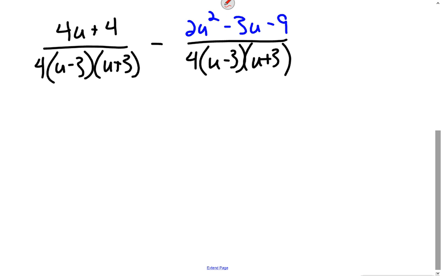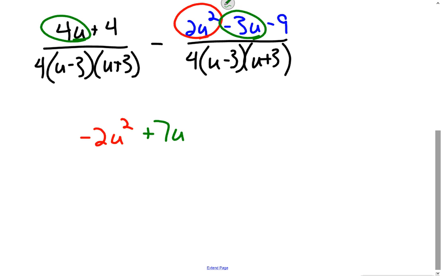So find my like terms. I'm going to put this in descending order, so I see that I have the 2u squared here, but remember we're subtracting, so in my answer I'm going to have a minus 2u squared. And then I'm going to go to my u terms, which I see here and here. 4u minus negative 3u is going to be a plus 7u.